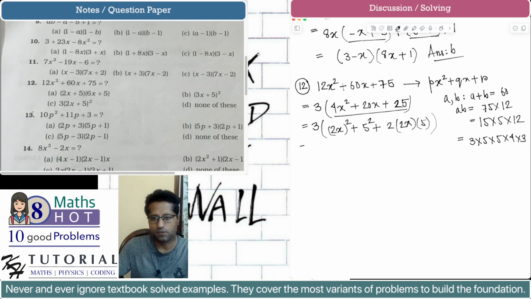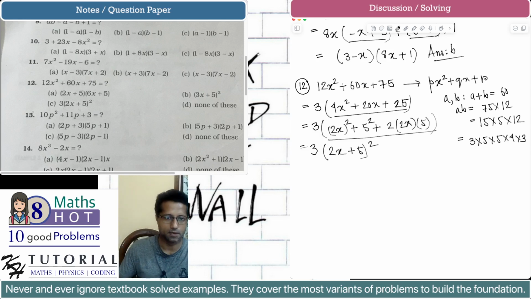So we see that this part is in the form a square plus b square plus twice ab, and hence it will be a plus b whole square, that is 2x plus 5 whole square. So this is the final factorization of the given expression, and hence the correct choice is C. C is the correct choice.